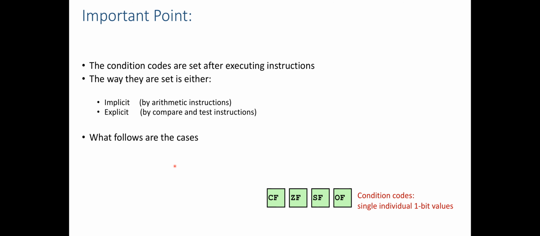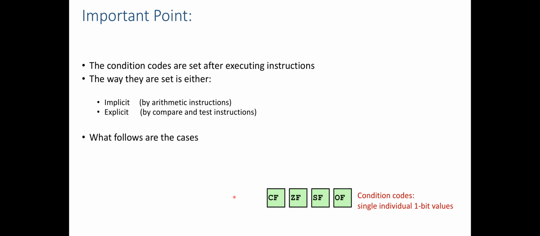Now, the important thing to realize about today's presentation is that these condition codes, and I'm going to tell you what the naming convention is in a moment for those, can be set in 2 different ways.